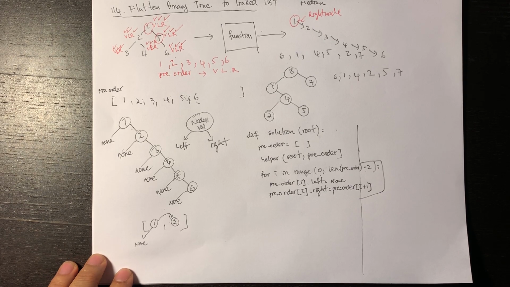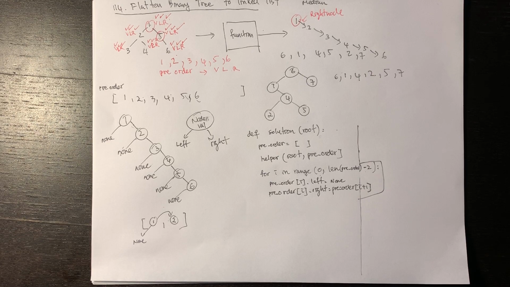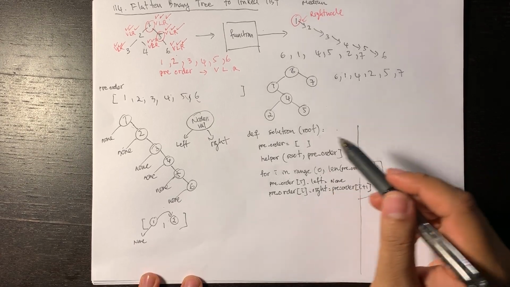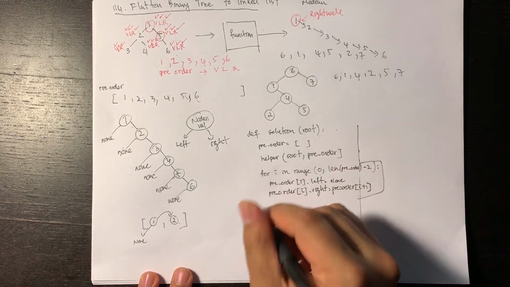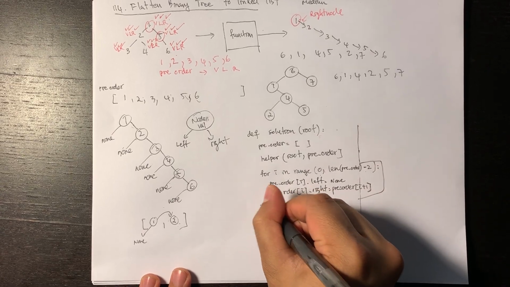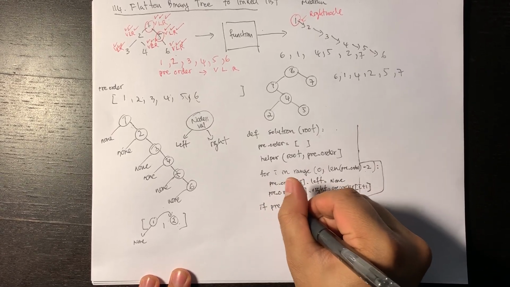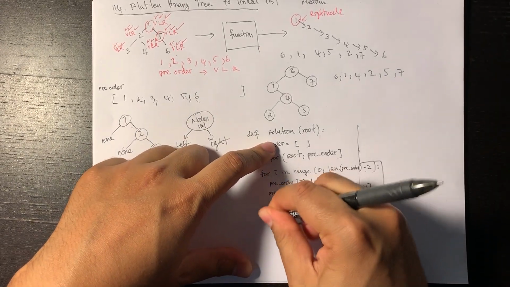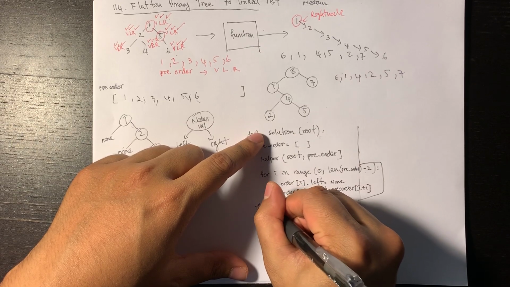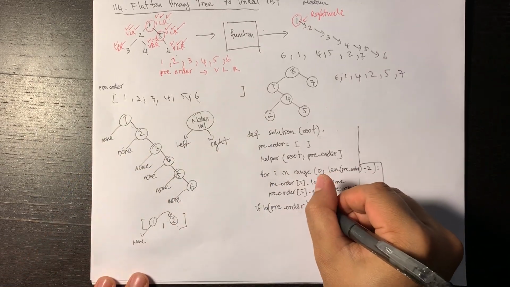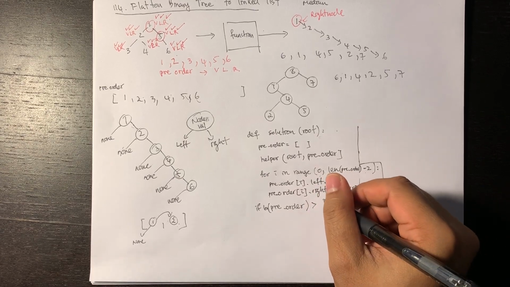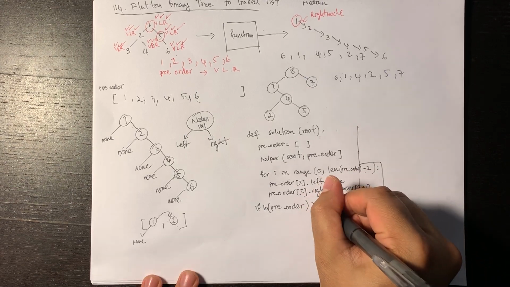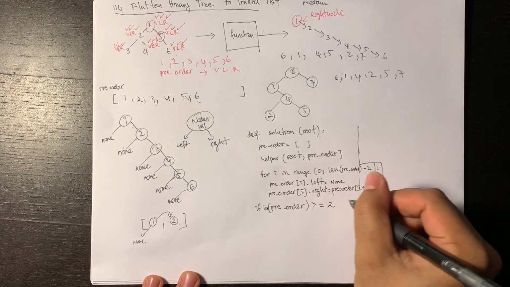But in the case that I have only 2 nodes, I want to check if length of pre-order is greater or equal to 2.